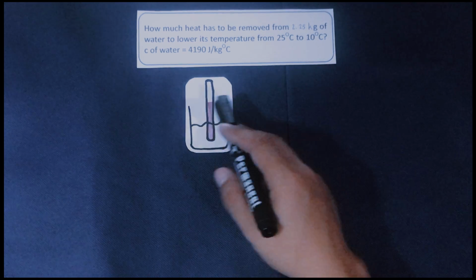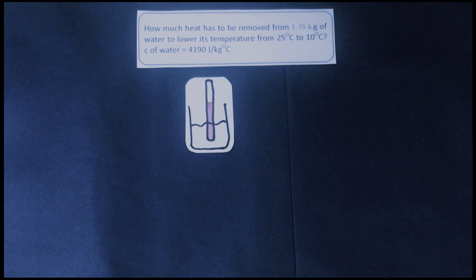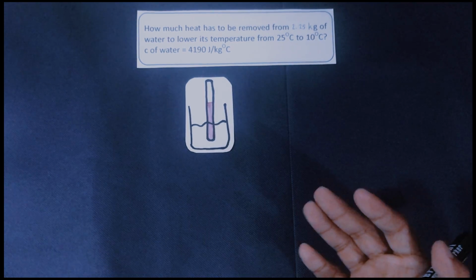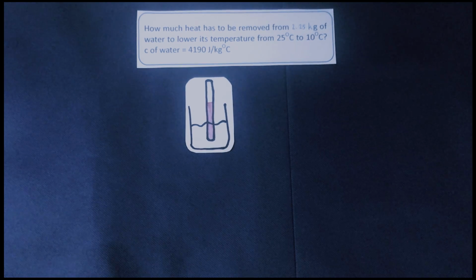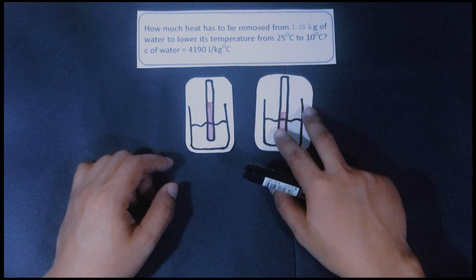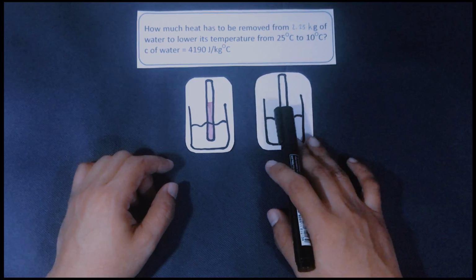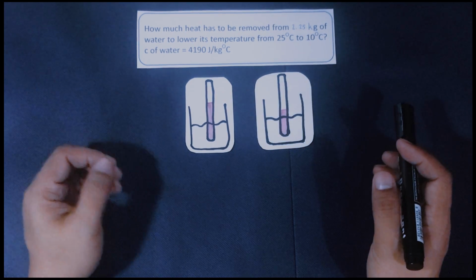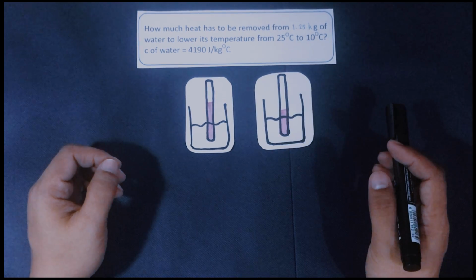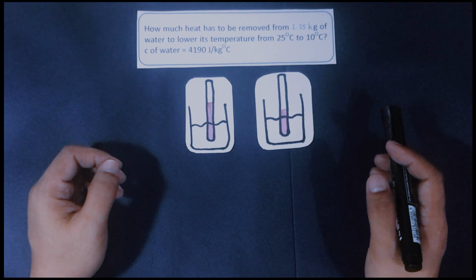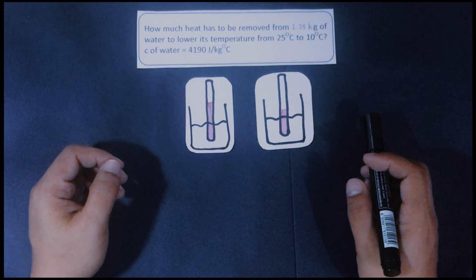So assuming this is the initial condition. And heat was removed. Therefore, the temperature decreased to 10 degrees Celsius. The question now is, how much heat was removed to attain such condition?